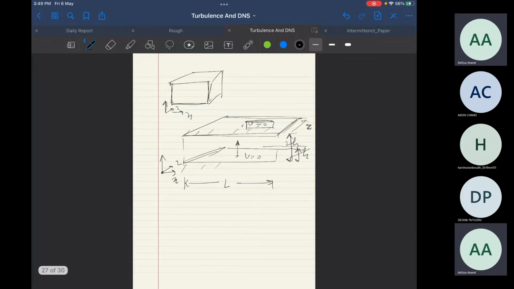If you are interested, you can go into the depths of it. What I've done is for cases like channel flow or for boundary layers. For boundary layers, the homogeneity in x also is lost. So this is homogeneous only in z direction. It's not homogeneous in x and y.